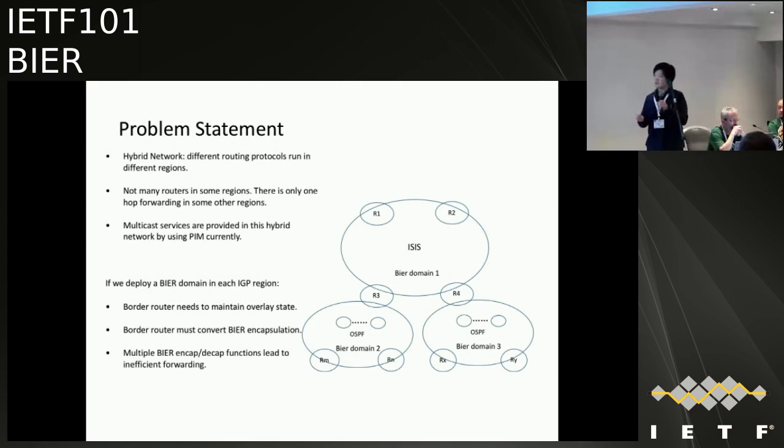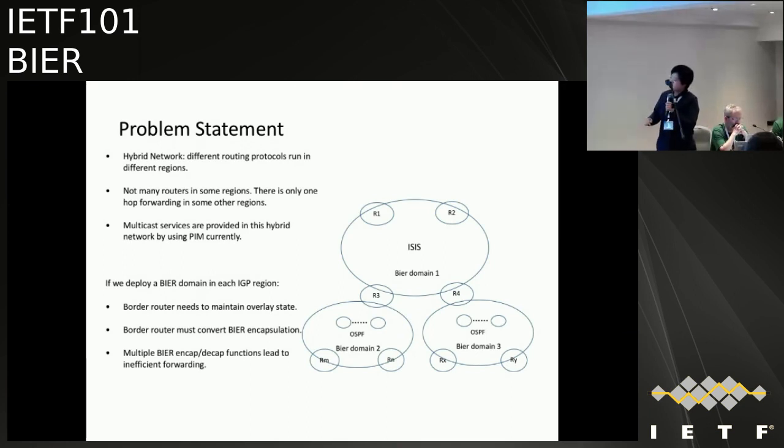At first, let's see the problem again. This is a typical hybrid network. Different routing protocols run in different regions according to administrator consideration. You can see the figure above is an IS-IS level 2 domain, and the figure below is OSPF area 1 or area 2 or another.